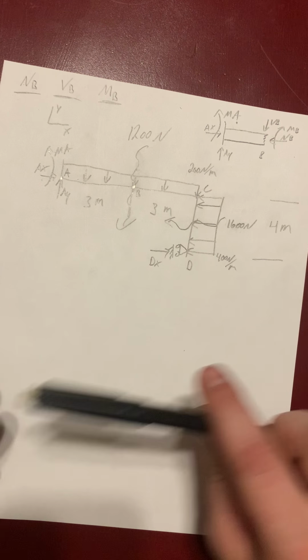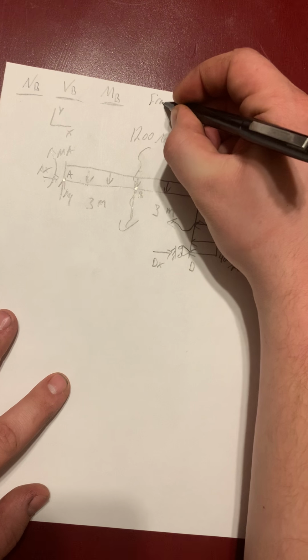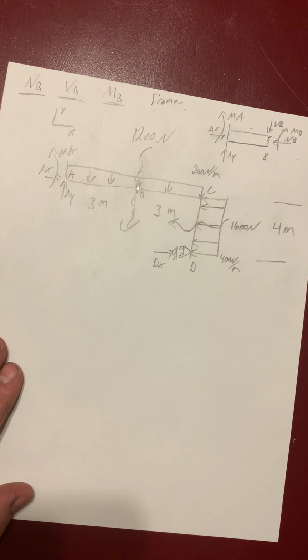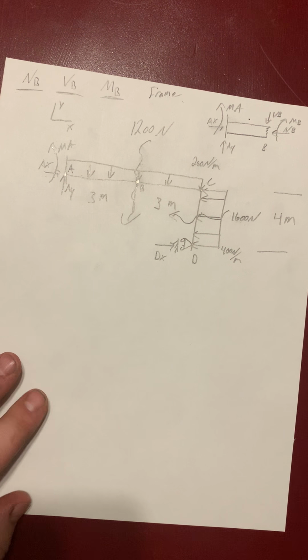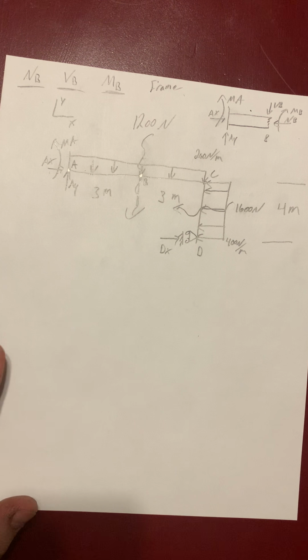Well, what I did not give you in the problem statement was that this here is a frame. And now what does that mean for us? Well, if we go back to the last exam, we think about frames and machines. What's the big thing about frames and machines? If there's a pin, let's take it apart.